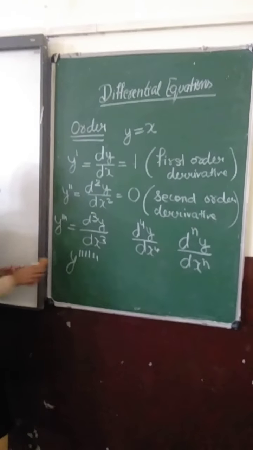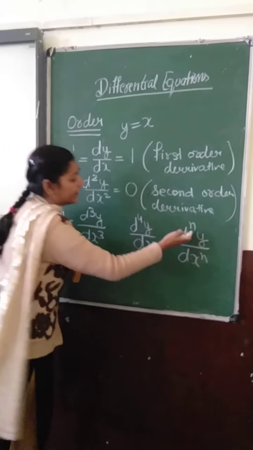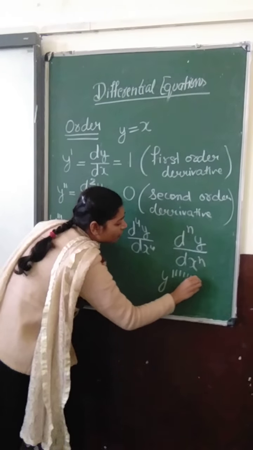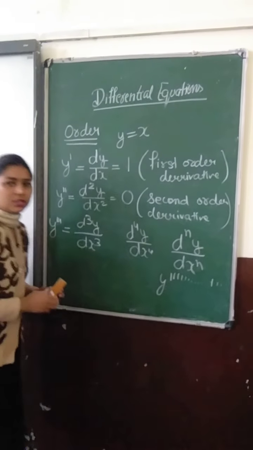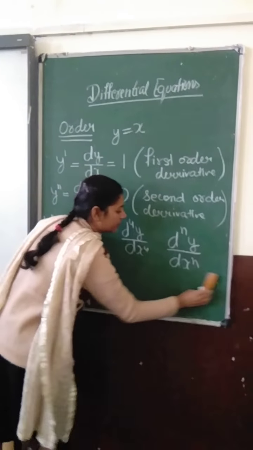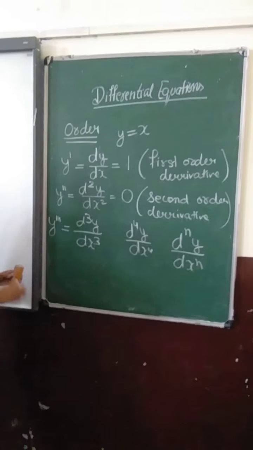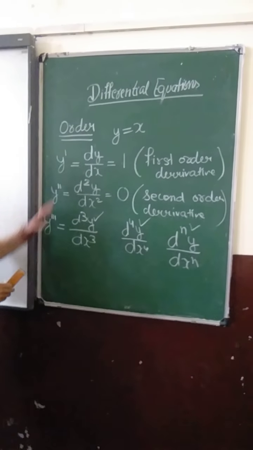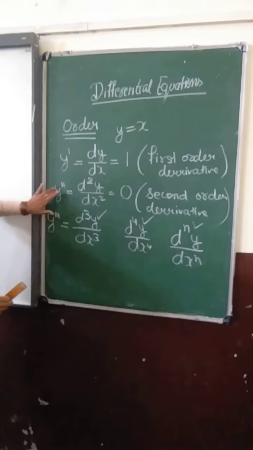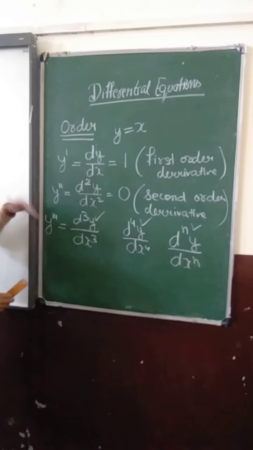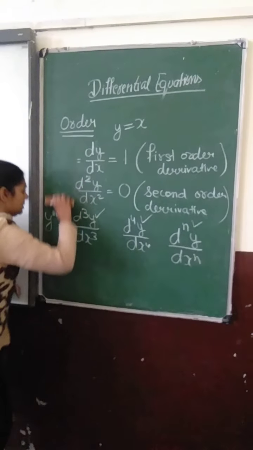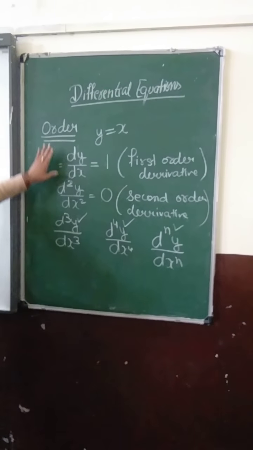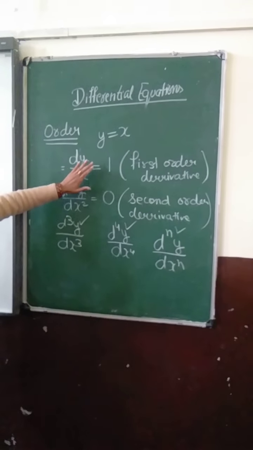Okay, that is not feasible. If I have to write nth order differential equation, so it is not feasible for me to put n dash. Okay, so for higher orders we generally use this notation. Okay, for first, second and third we can use these, okay, so this is what order of differential equation.